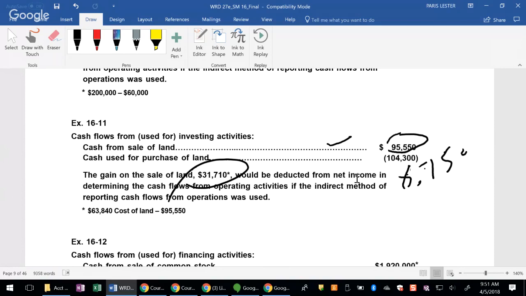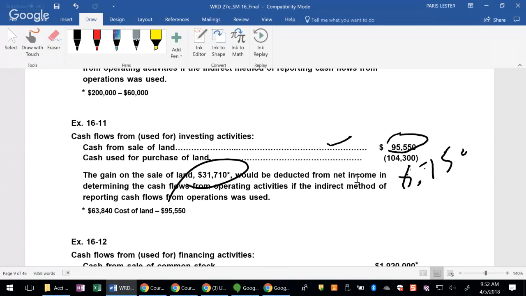Paid in capital, that would be cash too. Stock dividend is not cash. Net income, retained earnings, that's reported under operating.